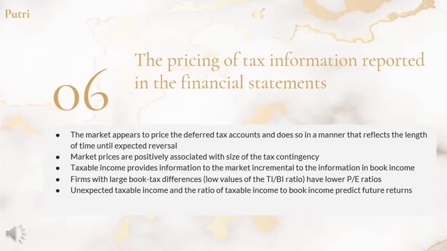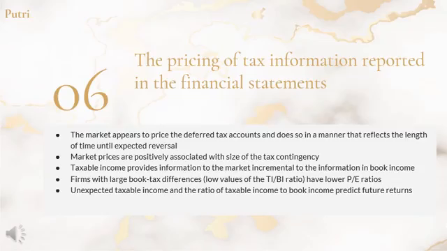Fourth, firms with large book tax differences, low values of the taxable income to book income ratio, have lower PE ratios, presumably due to the association between the TIBI ratio and future earnings growth. However, sample limitations make it unclear whether this result is generalizable.